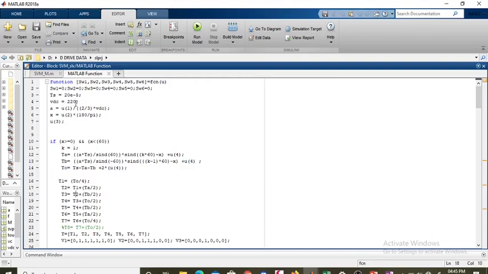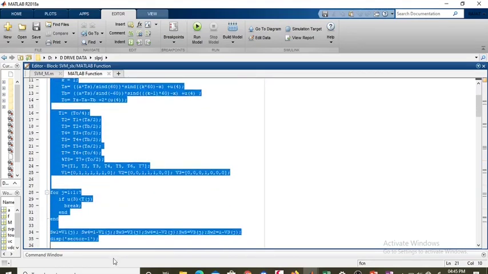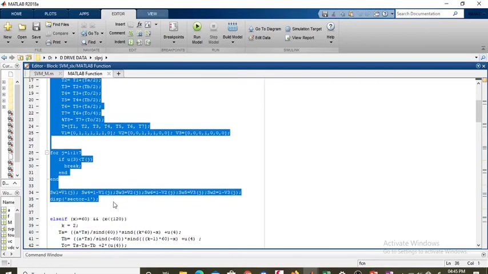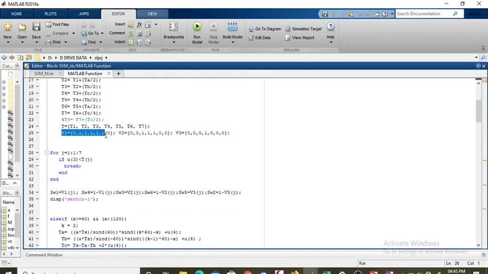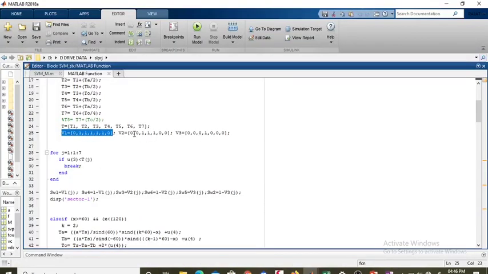The modulation index is a, and this if command is showing how to identify the sectors. Here 0 1 1, here the v1 vector is nothing but, as already said, 0 1 1 1. What is the value for the S1, right? So in the programming I have used the same. Similarly for v2, similarly for v3.